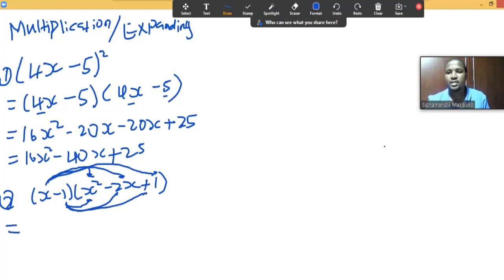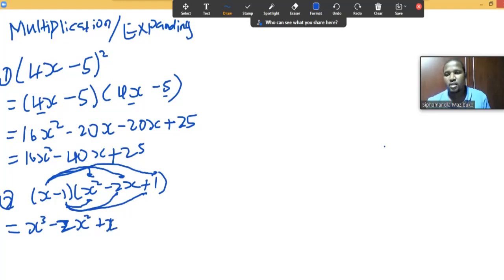So we have x times x squared, that gives us x cubed. We also have x times minus 2x, that gives us minus 2x squared, and we have x times 1, which is giving us x.